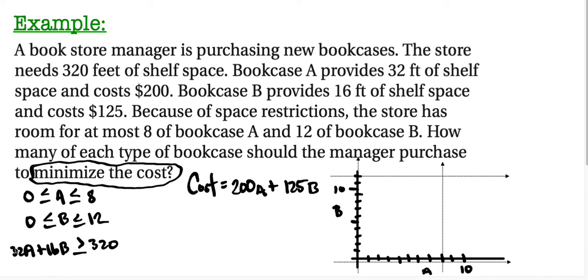So like if I put my finger over 32A, this would say B has to be greater than or equal to 20. Oh shoot, come on, really? So 20 is like up there. 20 is up here. If I cover up B, then this would say 32A is greater than or equal to 320, which would be A is 10.